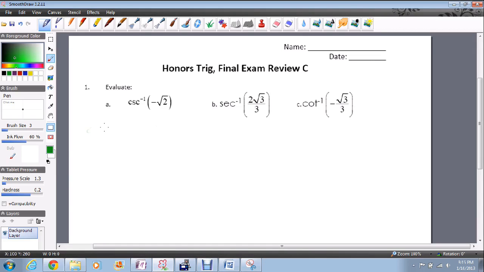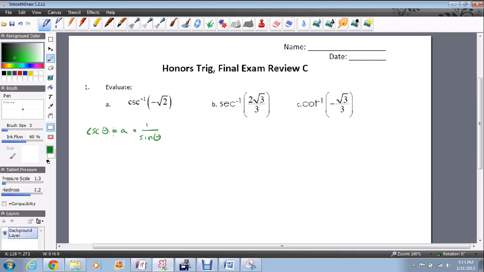So what I'm going to do first is say that, alright, well, if I just in general have cosecant of some angle, I don't really care what it is, and notice how it's not the inverse, I'm just talking about regular old cosecant, equals A. We know that's the same exact thing as saying this is equal to 1 over the sine of theta.